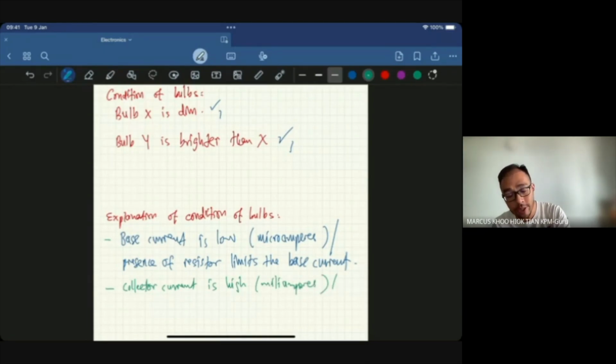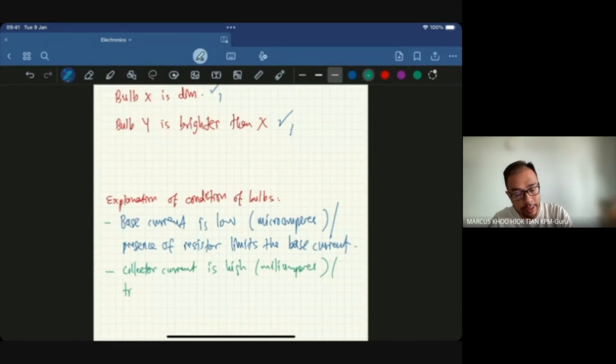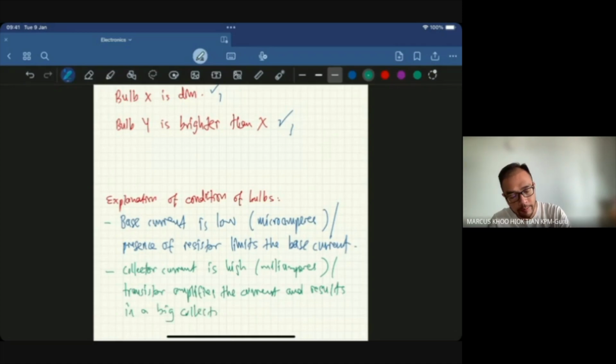And the reason why the collector current is high is because the transistor amplifies the current, and results in a big collector current.